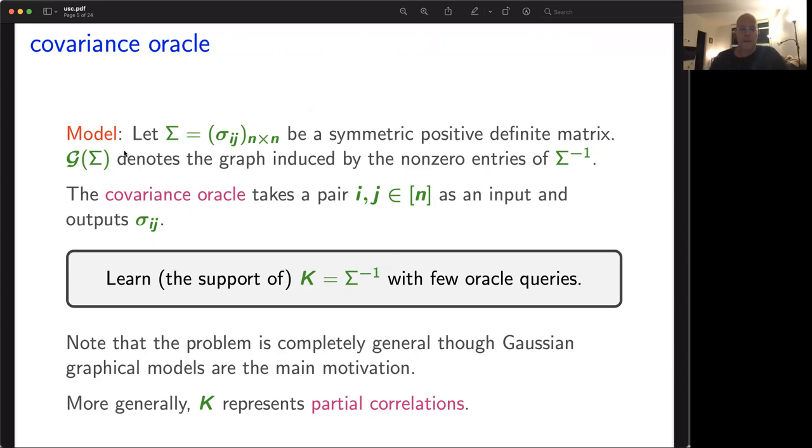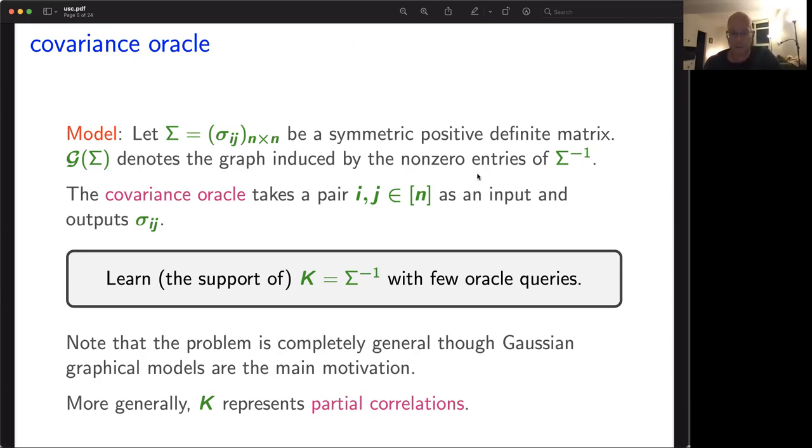Then we can define the graph G of sigma, which is just the graph that's induced by the non-zero entries of the inverse covariance matrix. So this is symmetric positive definite, it has an inverse, and then we look at where the zeros of these entries are, and if the non-zeros are sparse, then this question will be meaningful.